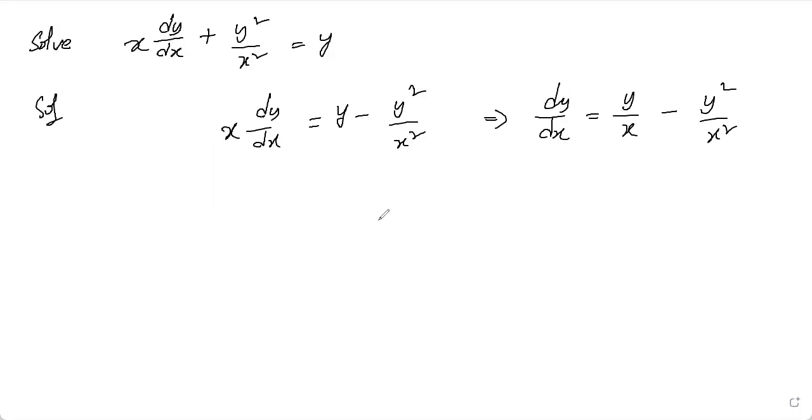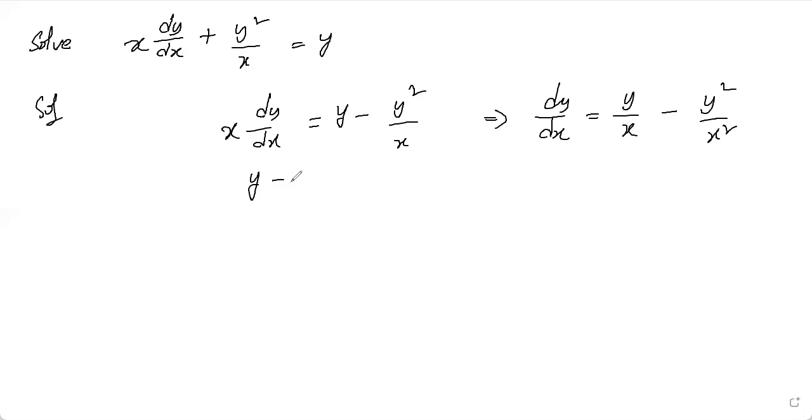In the given question, we have this as x. Now if you take x on the other side, it becomes y by x minus y square by x square, which is in the homogeneous form.